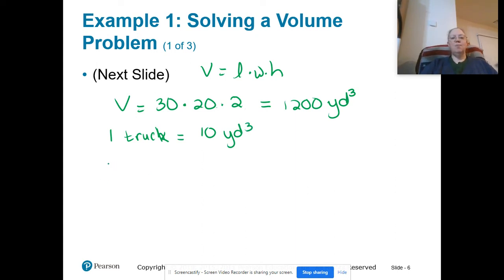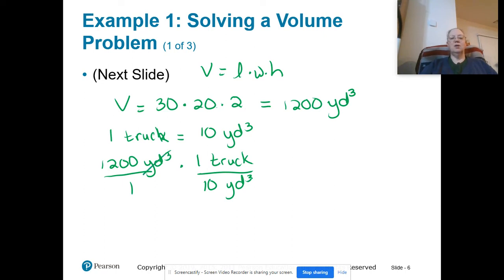So we have 1,200 cubic yards. And we know that one truck, remember I'm trying to cancel with the cubic yards. So one truck, I've got to put the cubic yards on the bottom because I need it to cancel with my cubic yards over here. So cancel, cancel, multiply across the top, multiply across the bottom.